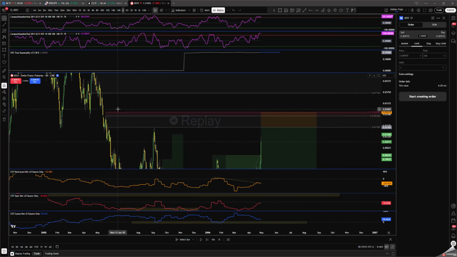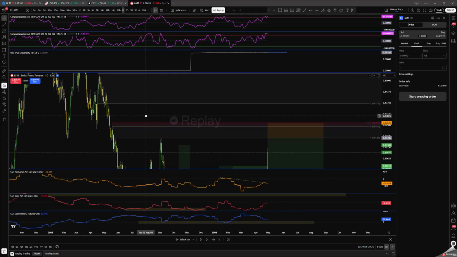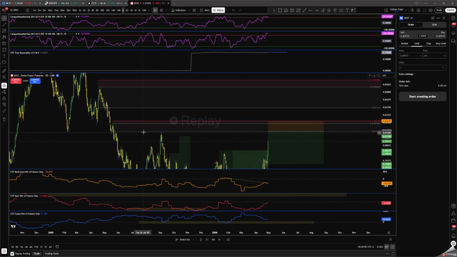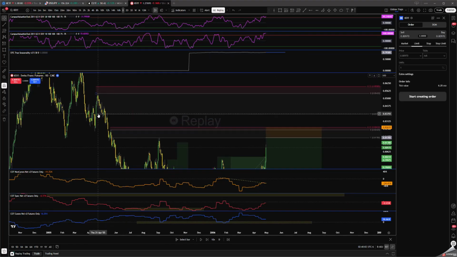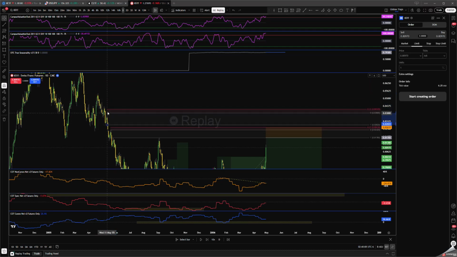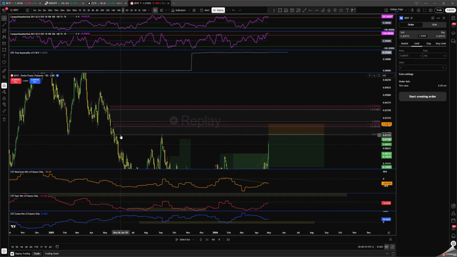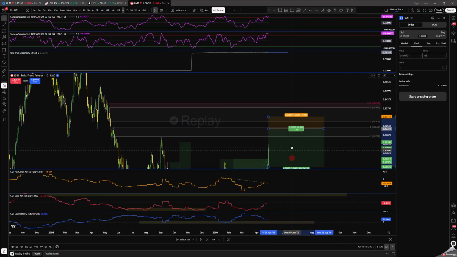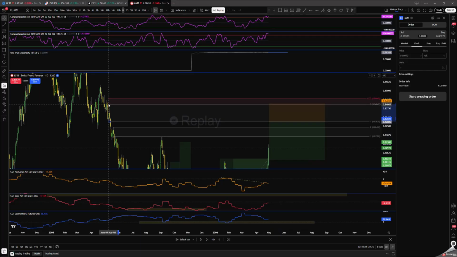There's also a level here, level on top of level. This one is, you know what? Let's take this level, and it's also, never mind. This is also a flip level, but better to be safe than sorry, I would rather not be in the trade. Then I will put my stop loss right here.